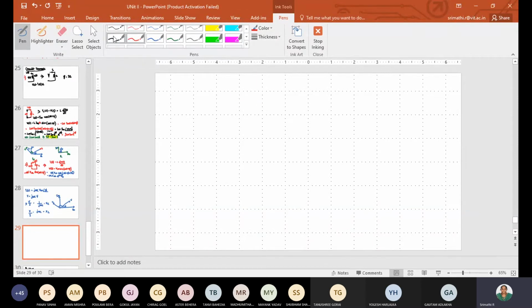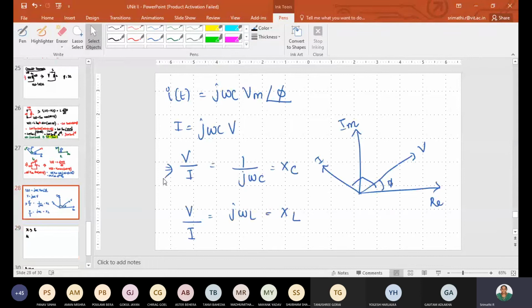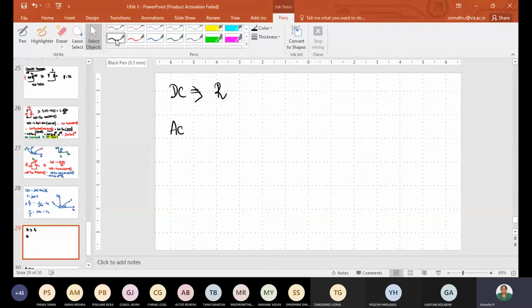Whereas in AC circuits, with L and C along with R, giving XC and XL, the opposition offered to the flow of current is said to be impedance.